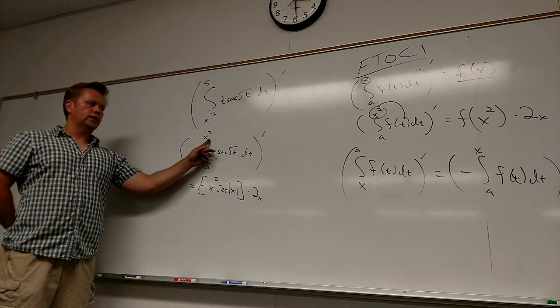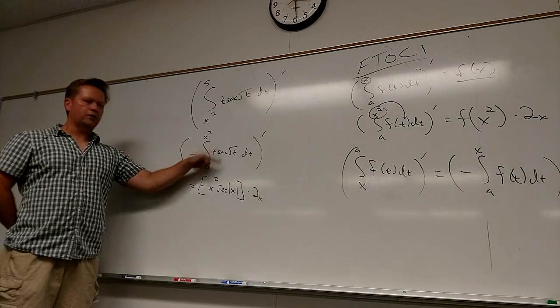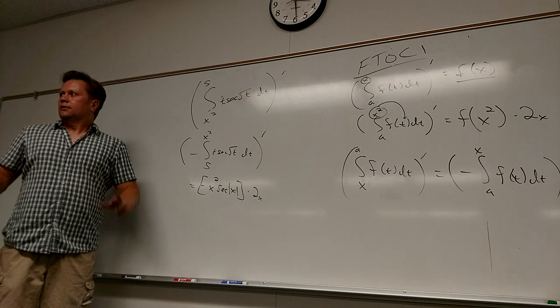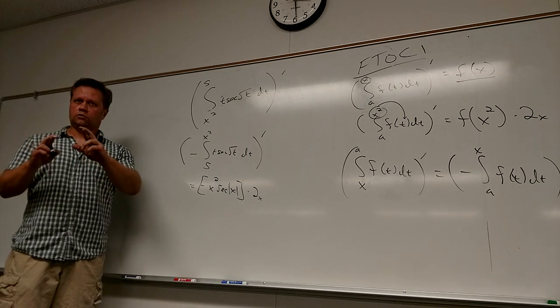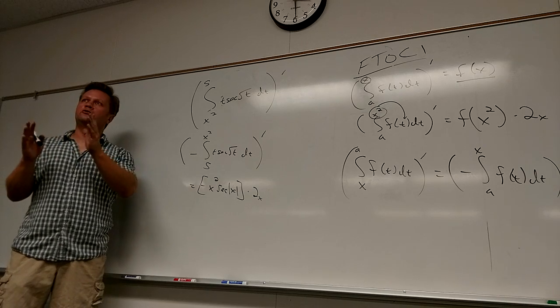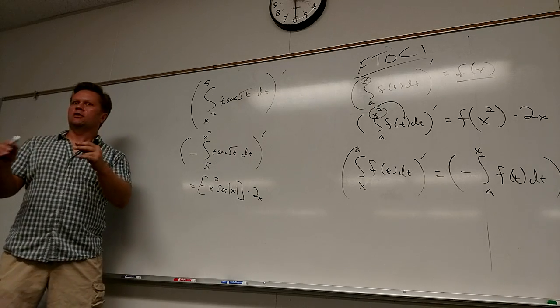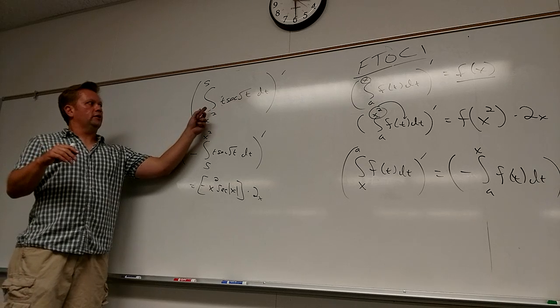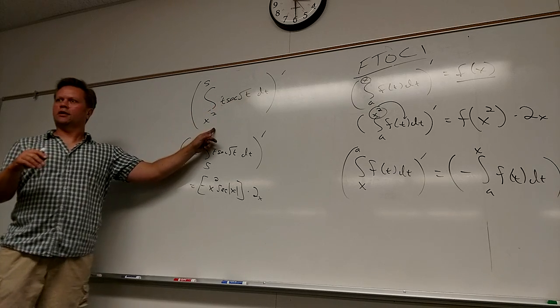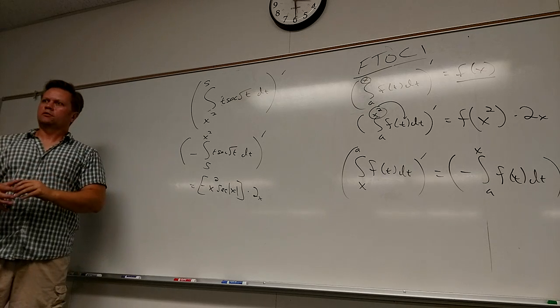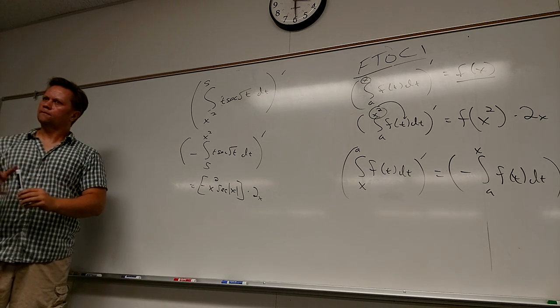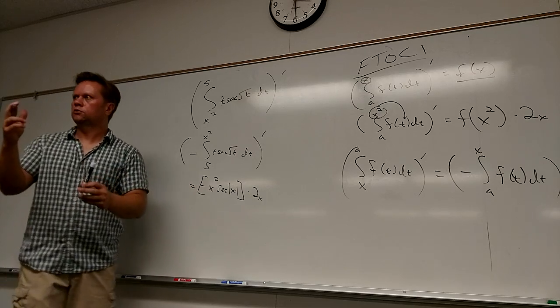I just evaluate at the variable part of that. So just like we have a derivative rule for ln of x, we have a derivative rule for an integral of something with x in one of the limits. There's a rule for it. Maybe that's FTC part 1.